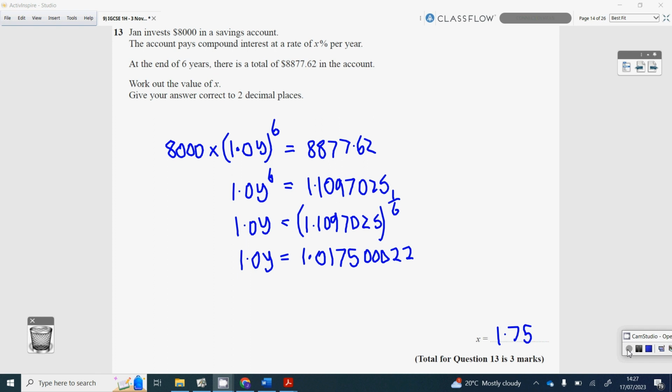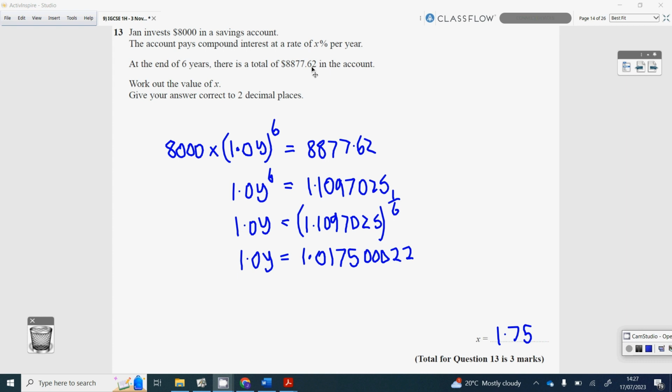So if you're comfortable with that, you can do these quite quickly. So you take your principal amount, the 8,000, you multiply it by 1.0y to the power of 6. I'm just using my variable here, which is going to turn into my interest rate a bit later, and because it's 6 years, it's to the power of 6.